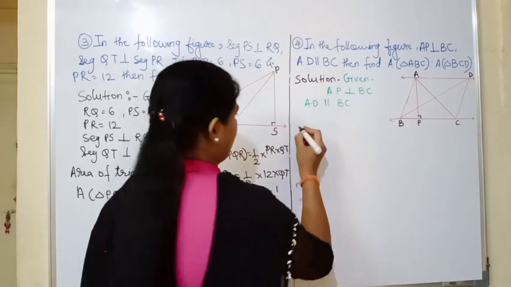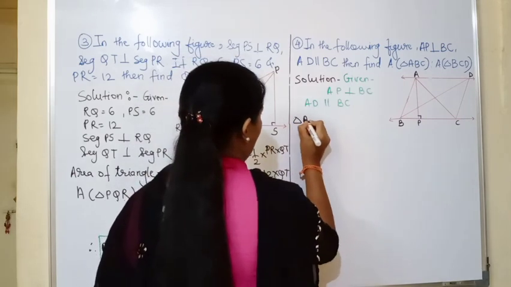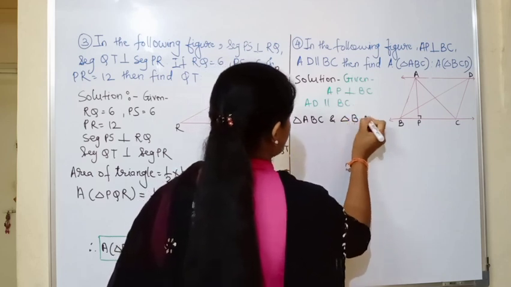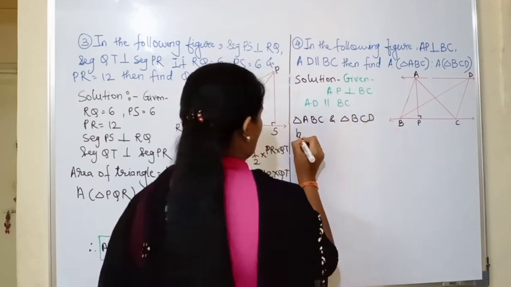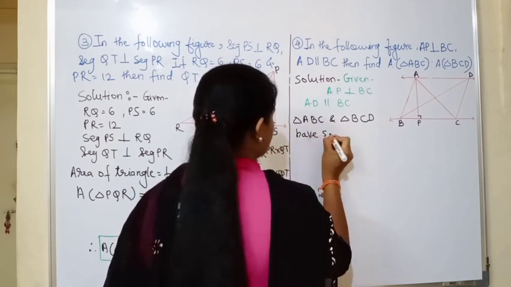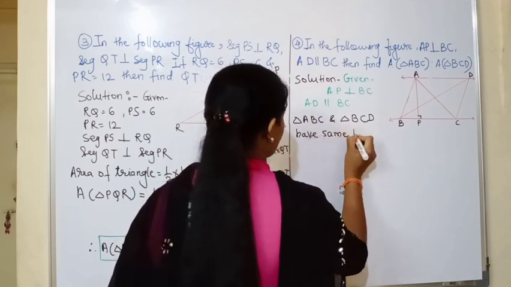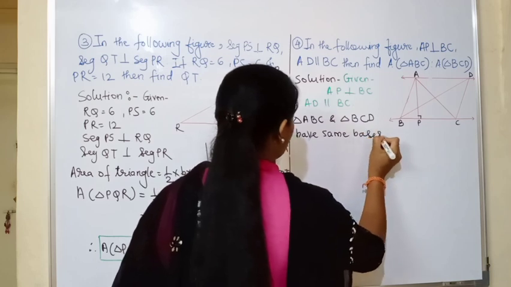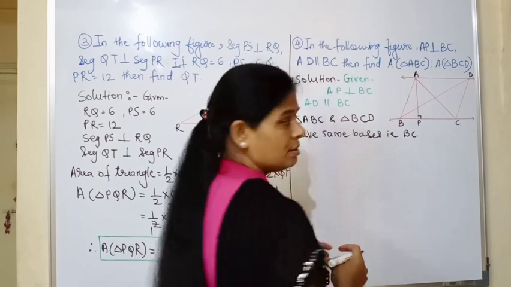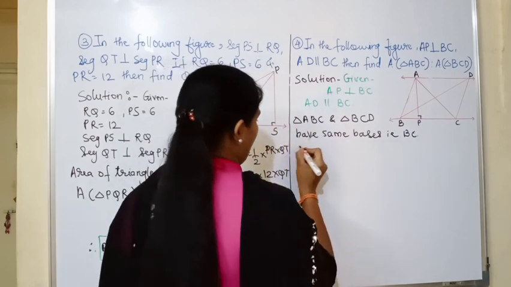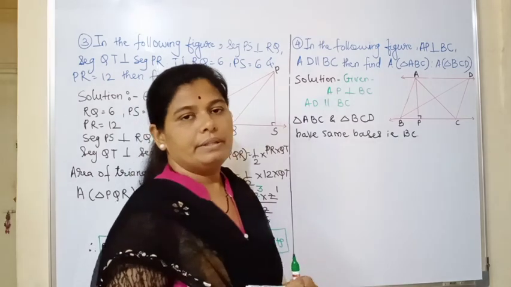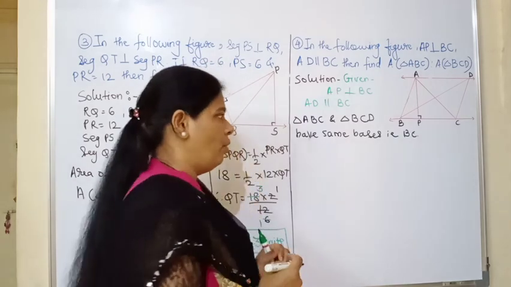Triangle ABC and triangle BCD have the same base, that is BC. Now triangle ABC and triangle BCD, their height is also same. Why?